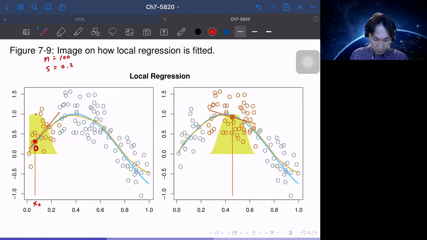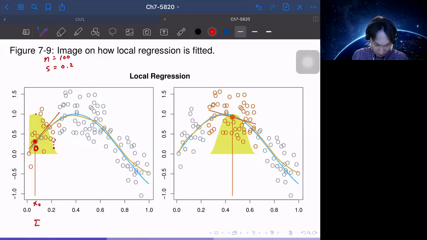So for example, this observation is far away from the center, so we give only a small weight to this one. In linear regression, we minimize the sum of the squared errors.